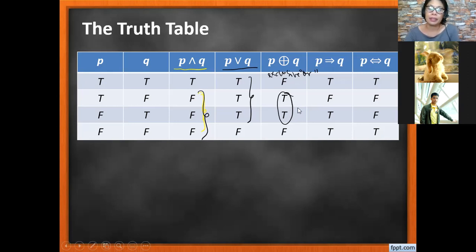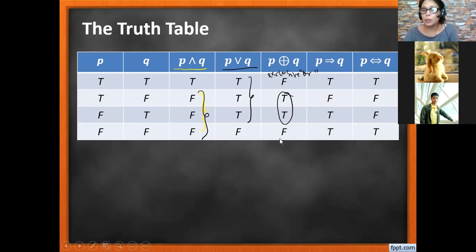Okay. Now, for implication statement, this is read as if P, then Q. This is also known as the if-then statement. Okay? So this is again read as if P, comma, then Q. Now, everything is true except for the second row.